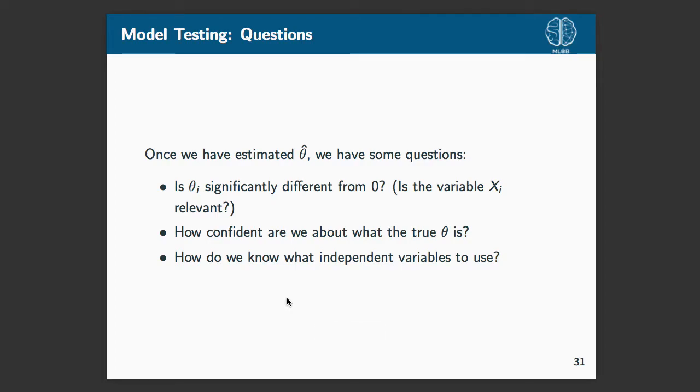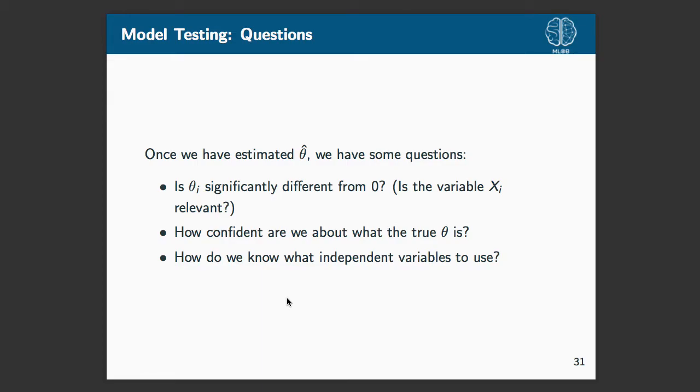So we've talked for the last 40 minutes about estimating theta hat, but now we have some questions we should ask ourselves. The first one is, is theta i, the ith parameter, significantly different from 0? Which is also another way of asking, is the variable xi relevant? Should we be using xi in our model?